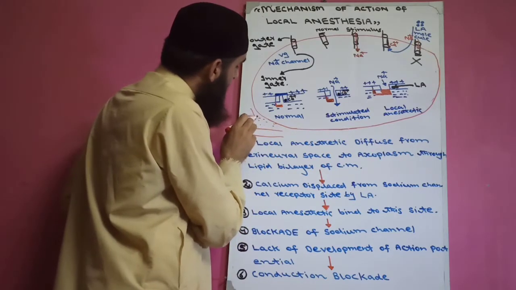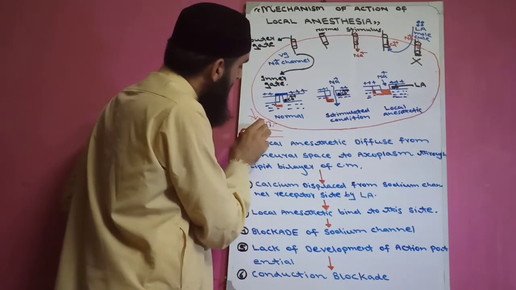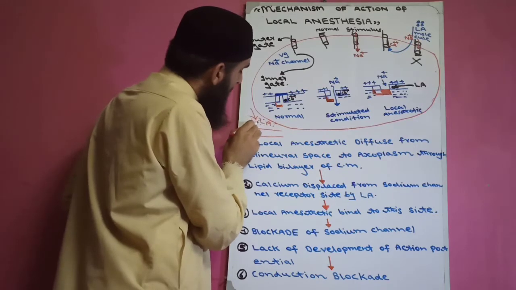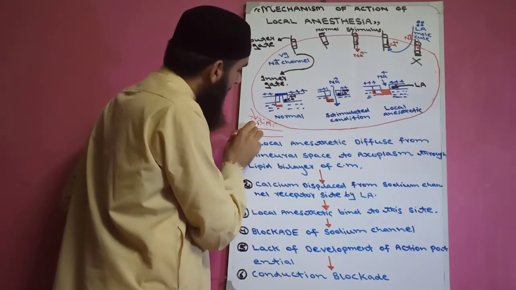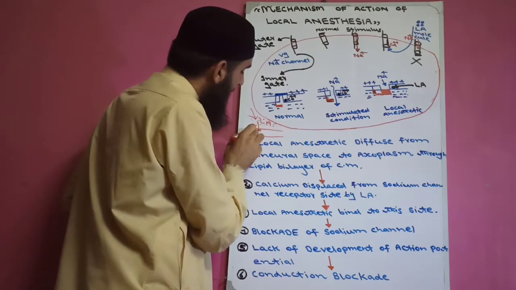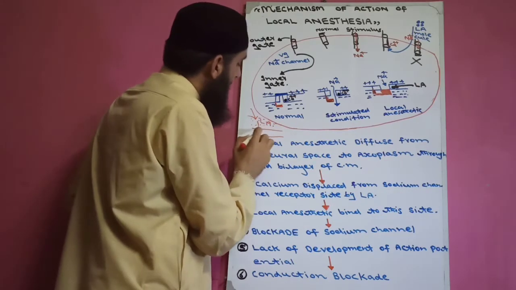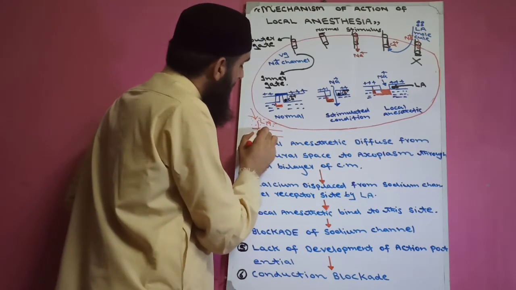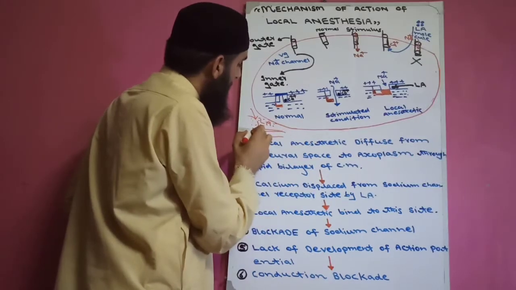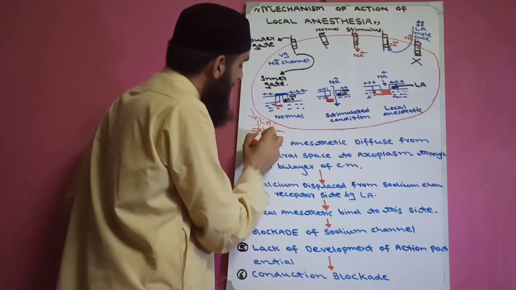So in the first step, the local anesthetic diffuses from the perineural space, the space around the neuron, and enters into the axoplasm of the neuron through the lipid bilayer of the cell membrane.